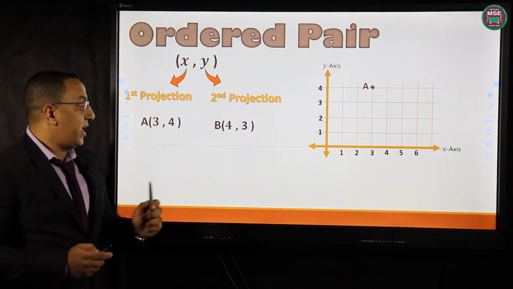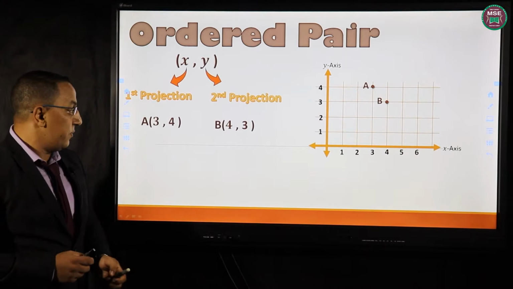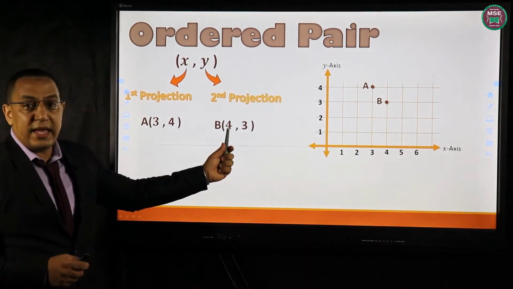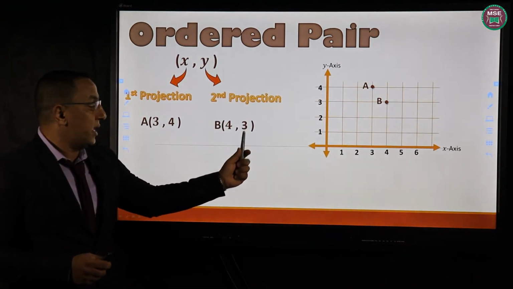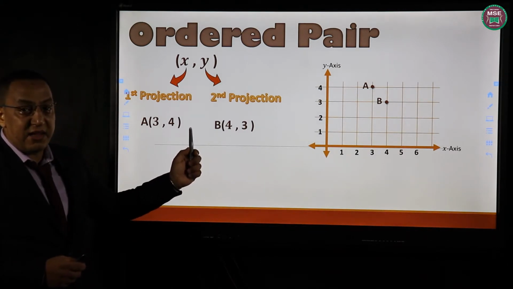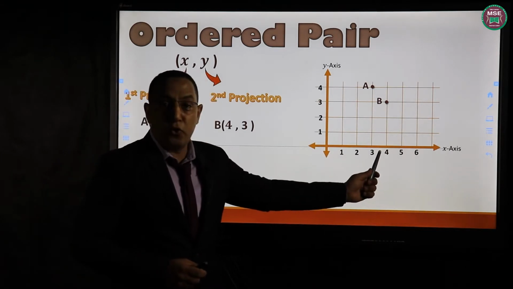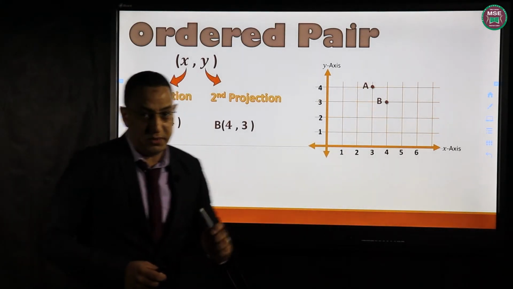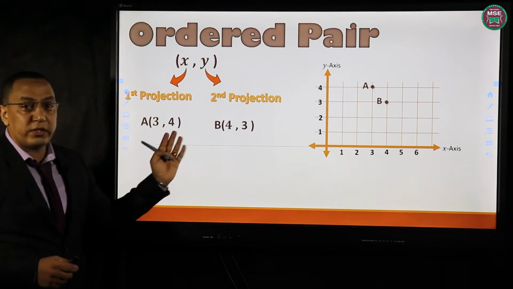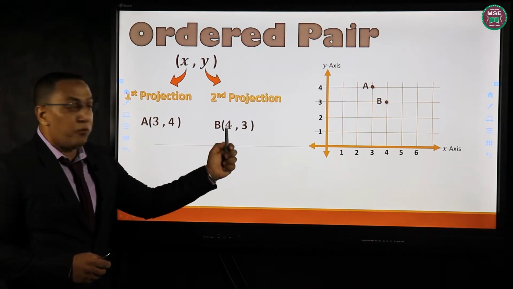Another example, if we have another point B (4, 3), 4 is the x coordinate and 3 is the y coordinate. To represent B on the graph, we start from 0 and go right 4 steps and go up 3 steps.